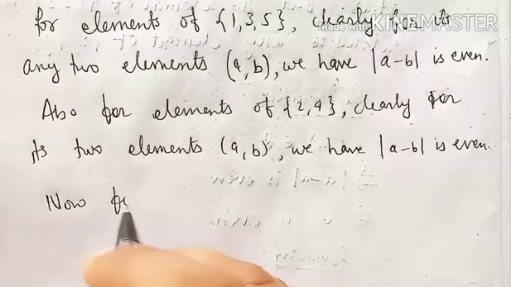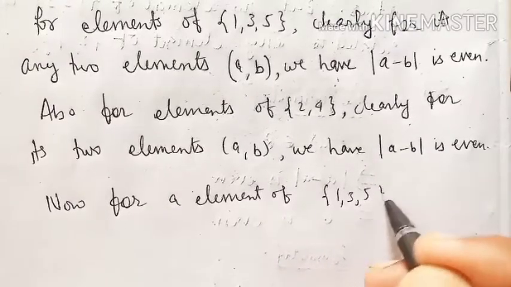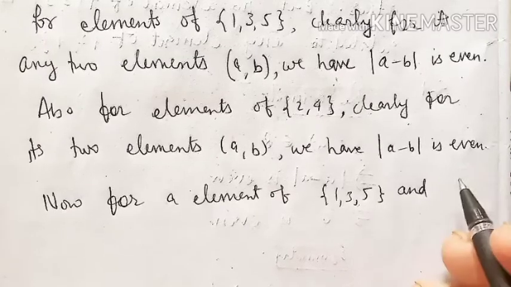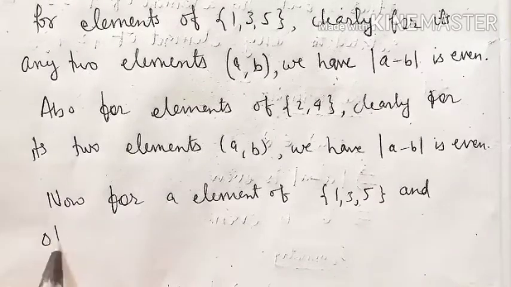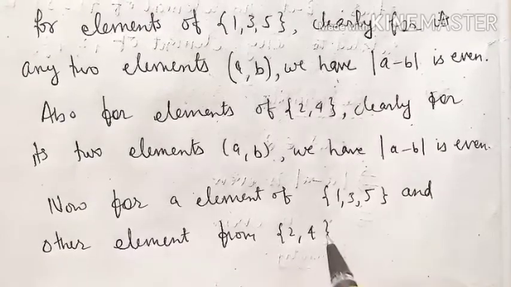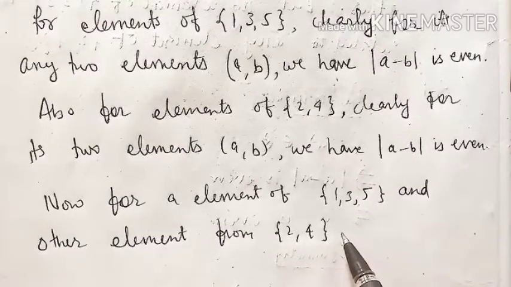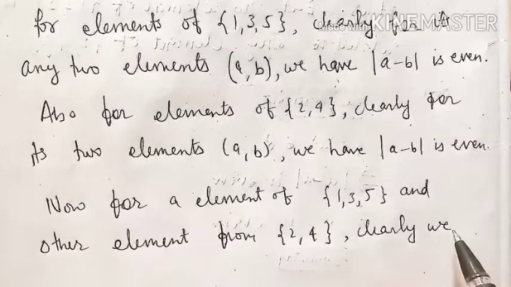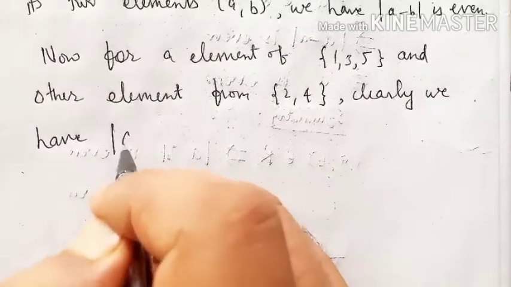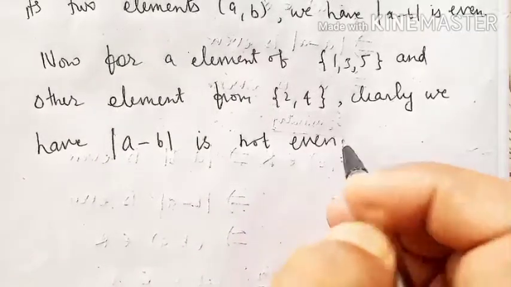Now for an element of {1, 3, 5} and another element from {2, 4}, clearly we have the modulus of a minus b is not even.